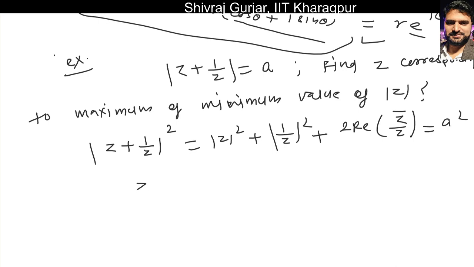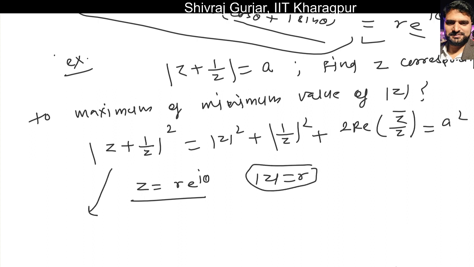Now let us say z is r e to the power iota theta in Euler form. We represent z, then what will be modulus z? Modulus z is r. Obviously modulus z is r. So this will convert into modulus of z plus 1 by z, whole square, equals r square plus 1 by r square plus 2 real part of z into 1 by z bar.